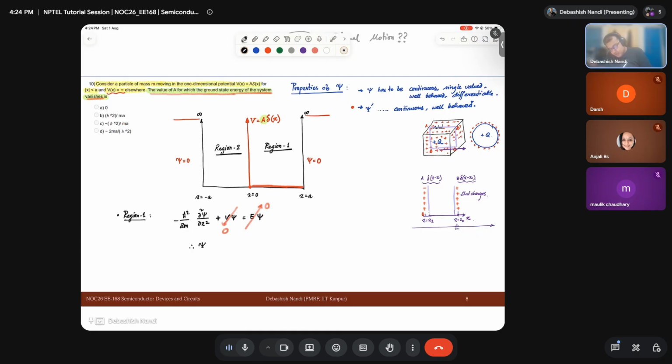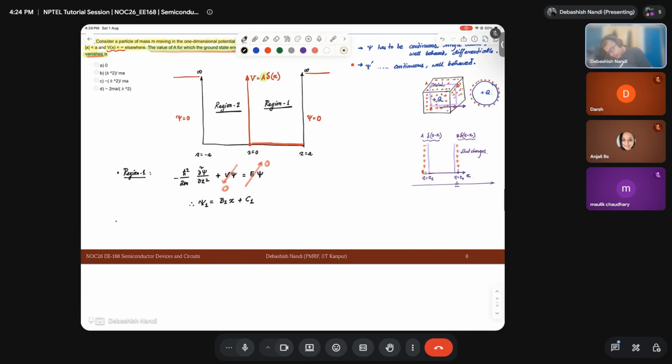So this will lead to del square psi by del x square equal to 0. That means del psi by del x equal to some constant, and again integrating that, I'll get, let's say, b1x plus c1. Okay, I think this is not difficult to follow.